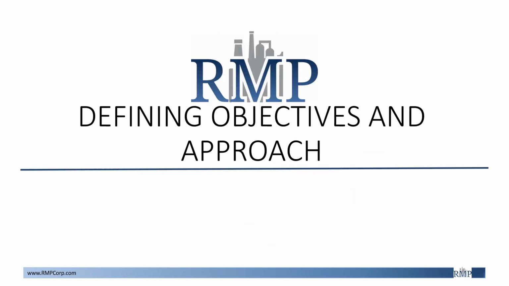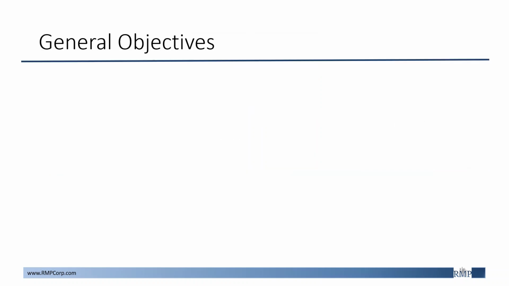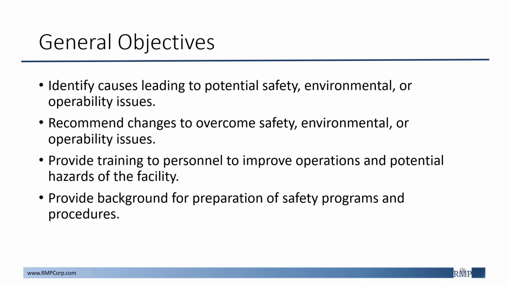Now let's define the importance of understanding objectives and the overall approach. The core objective for all hazard identification exercises such as HAZOP/LOPA is to uncover potential weaknesses/vulnerabilities in system design or operation that could result in an undesirable outcome, such as injury, environmental impact, equipment damage, operational impact, or compromised company reputation.